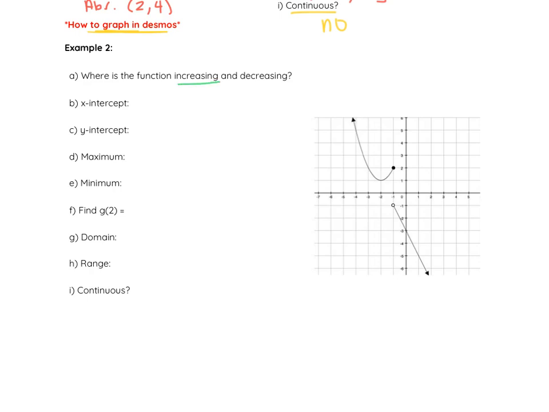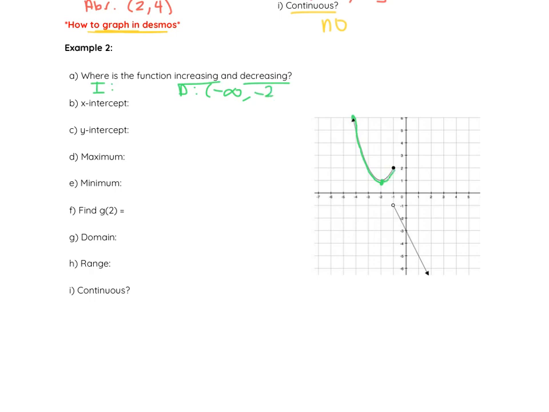So where is the function increasing? I'm going to start by tracing and determining increasing and decreasing. I'm going to start from the left, going all the way to the left and tracing. See how this piece right here is decreasing. So it's decreasing, that's right, I and D. It's decreasing from negative infinity until we get to this point right here at negative 2.